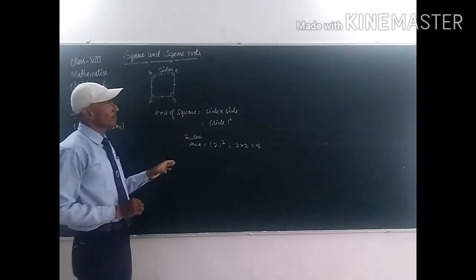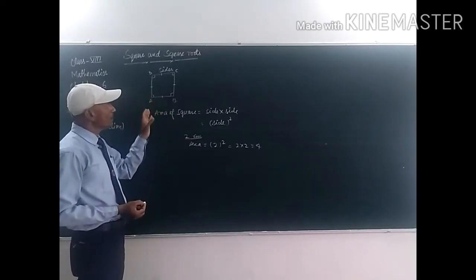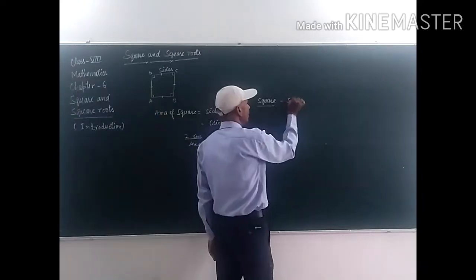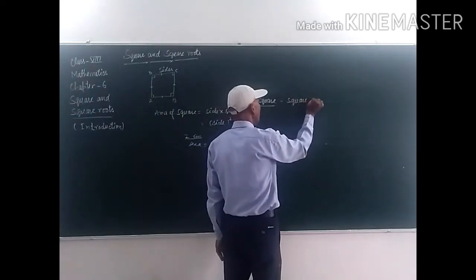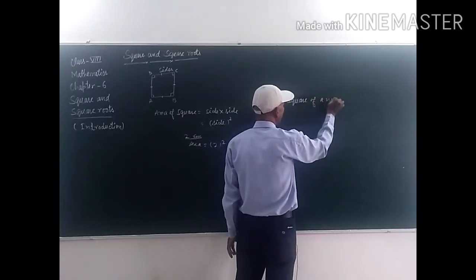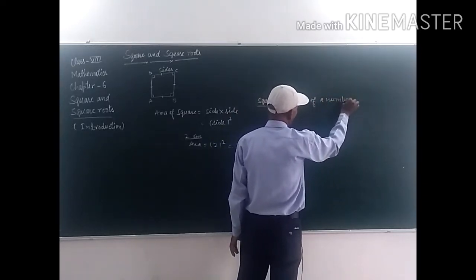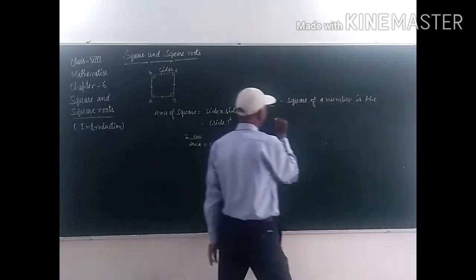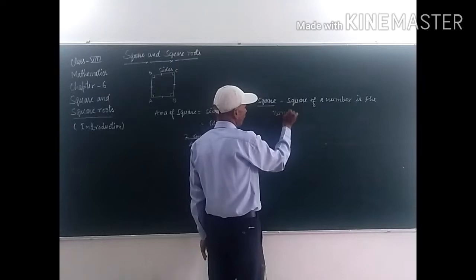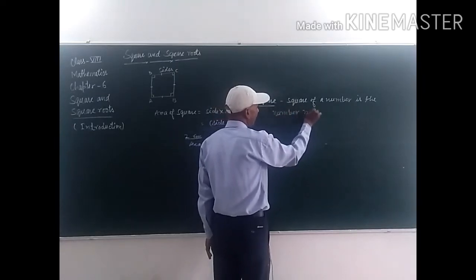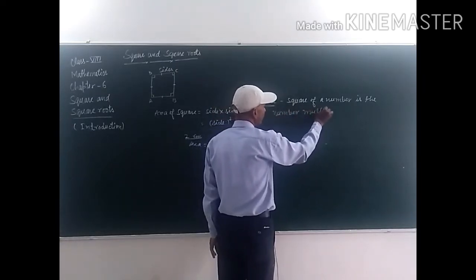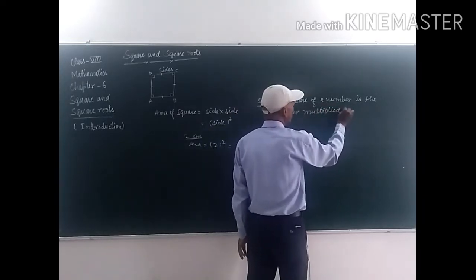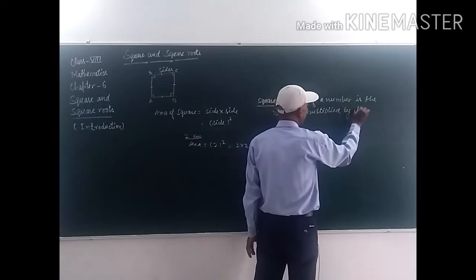So in this chapter, first of all we will discuss the square of numbers. Square of a number is the number multiplied by itself.